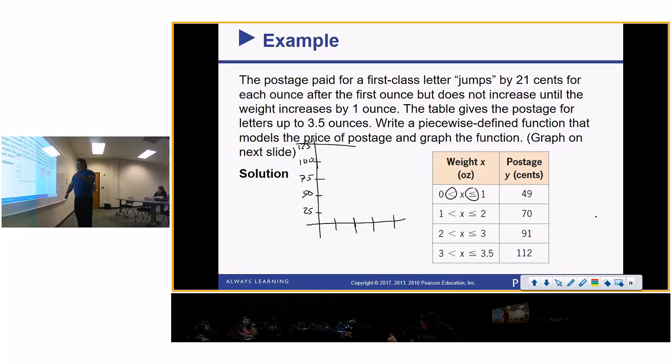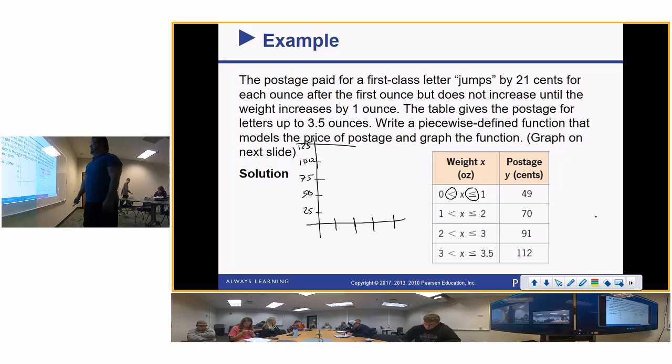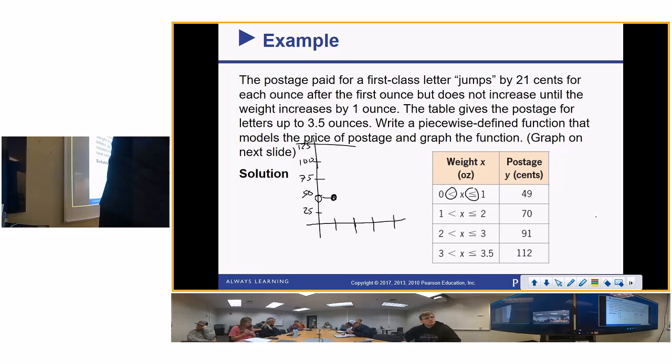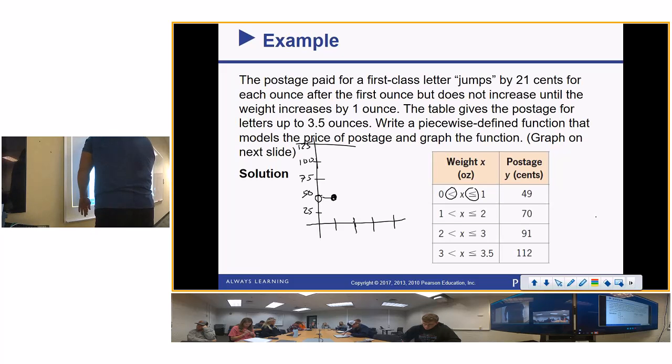All right. So 49. 49 is right in here. You're going to have an open circle here, and it's going to go to a closed circle there. And then at 70, 1 to 2, that's right here. 70 is right in there. That's an open circle and a closed circle.